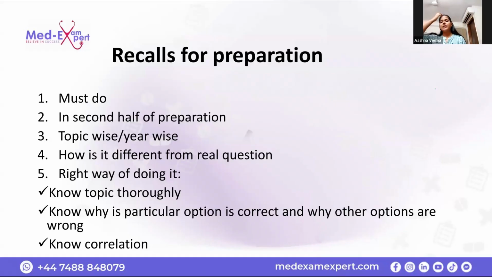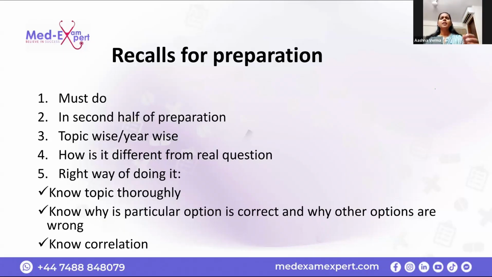Make sure you understand that recalls will guide you on what you have to read, but that's not all you have to read. You need to read things in a little more depth. Recalls just help you understand what kind of questions they are targeting. That's why I suggest reading them in the second half of the preparation, so that you do not get biased.